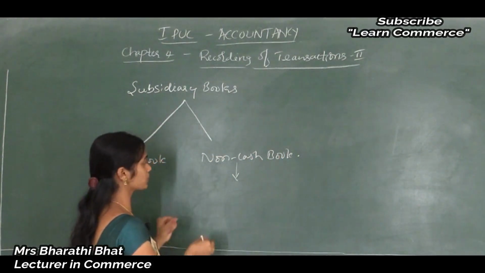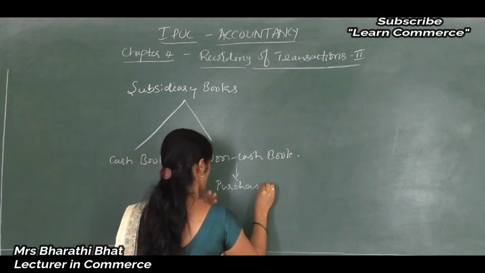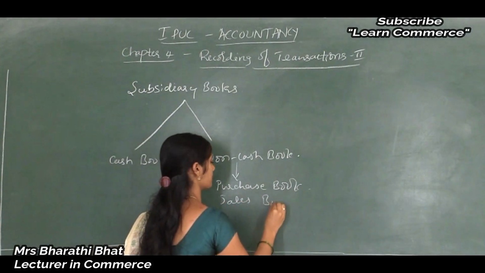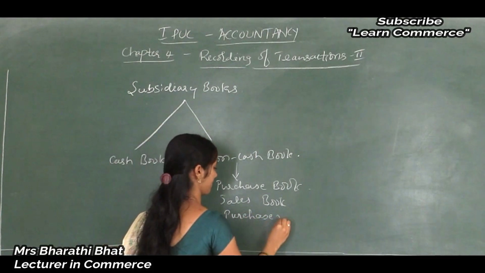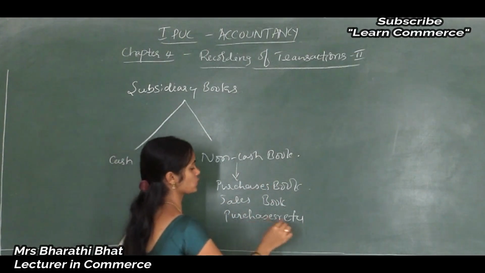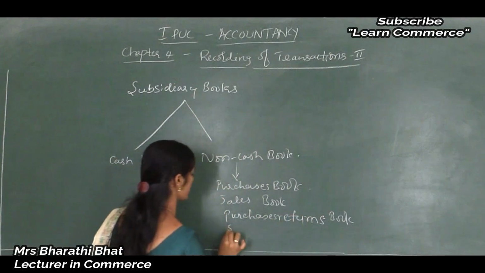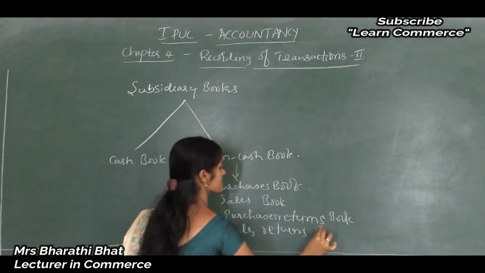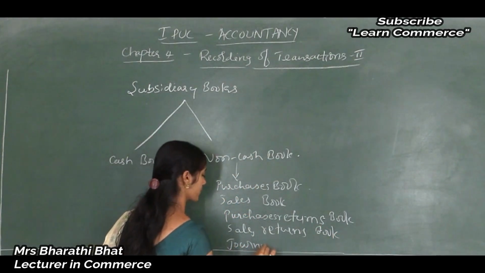So the non-cash books are, first one purchase book, sales book, and purchase return book, purchases returns, and sales returns book, and one more, journal proper.